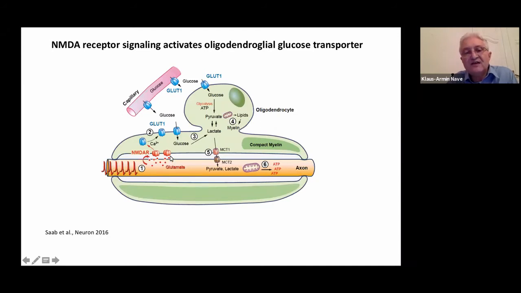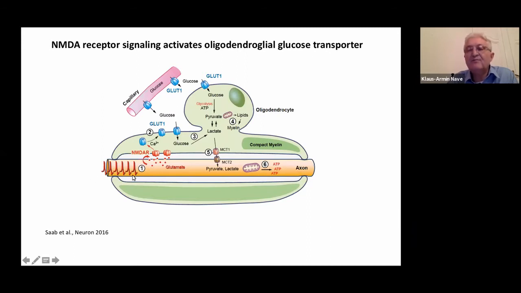And this, we think, is taken up by the NMDA receptor and transduced into a calcium signal, which puts glucose transporter 1, that's the glucose transporter of the oligodendrocyte that I'll come back to again, into the membrane more abundantly, which then results in a higher rate of glycolytic flux, a higher rate of transfer of lactate into the axonal compartment, and more ATP. And in this way, the spiking frequency is sort of miraculously translated into the proper amount of metabolic support that sustains this spiking frequency.